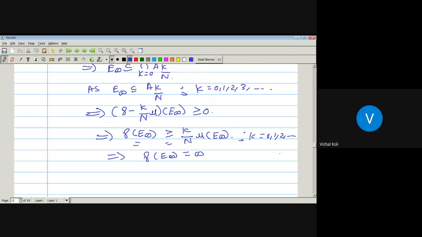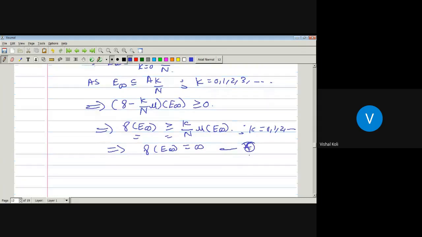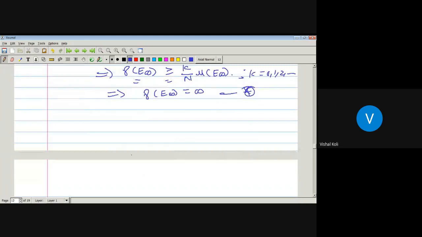Take this one as star. Now if we take x belonging to E infinity, but E infinity is a subset of the intersection over k from 0 to infinity of A_k by n, that is, a subset of each A_k by n, which implies x belongs to A_k by n.